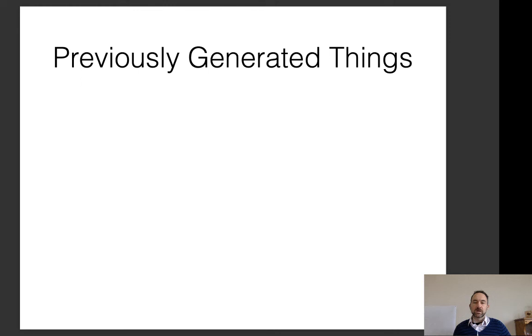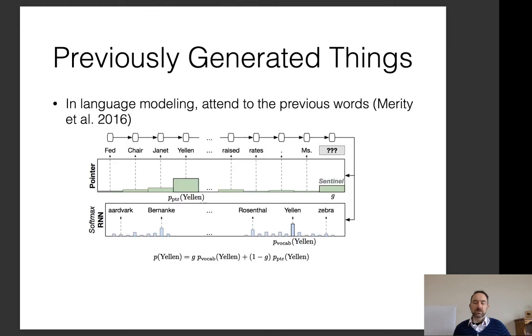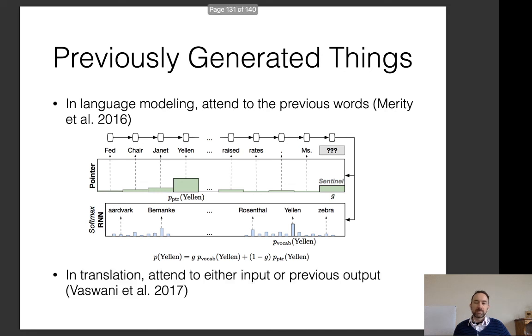Another thing we can attend to is previously generated things. So, for example, in language modeling, if we have already generated particular outputs, we can attend to the previous outputs that we've generated, and we can even copy them into the next word. So this can be done either for language modeling, or it can be done within translation. The transformer decoder is essentially also attending to previously generated things in the output.